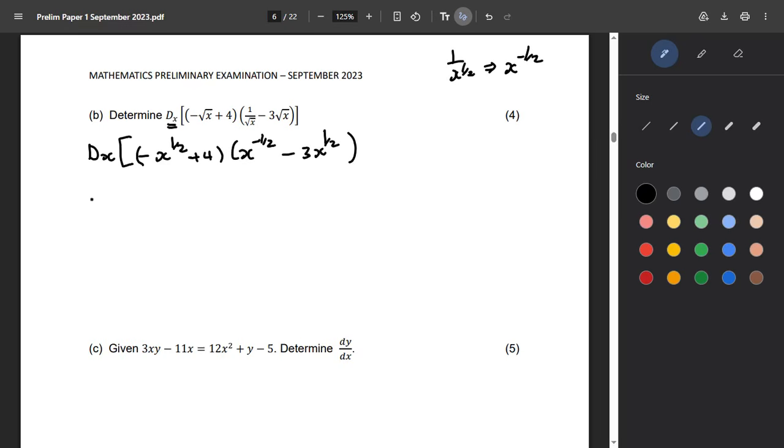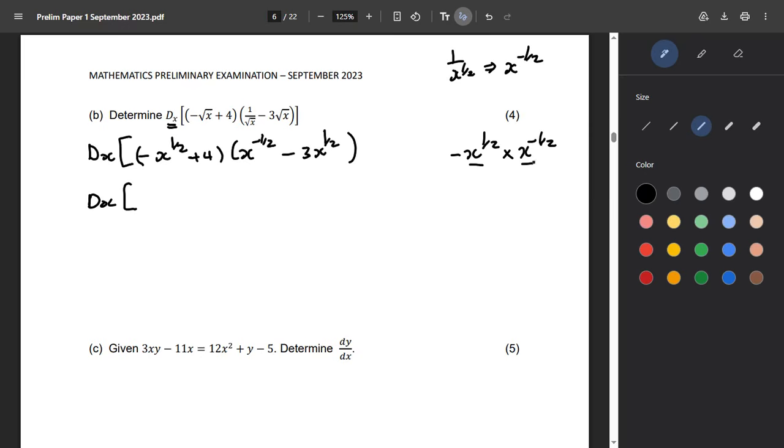Okay, so the x, don't drop the x until you differentiate. So this will be x to the power 1 over 2. Then we need to multiply the minus x to the power 1 over 2 with the x to the power minus 1 over 2.